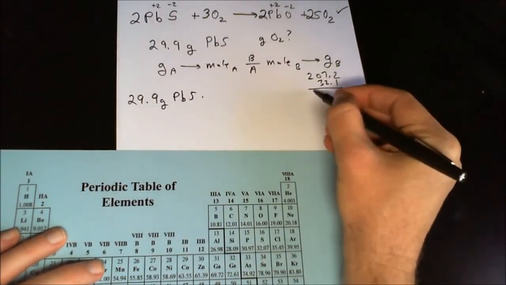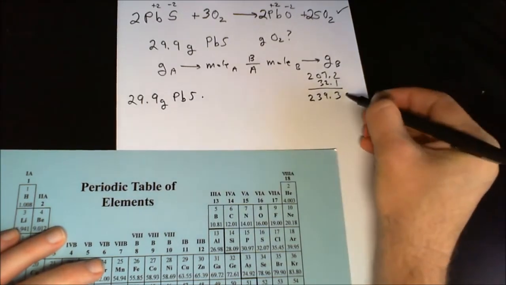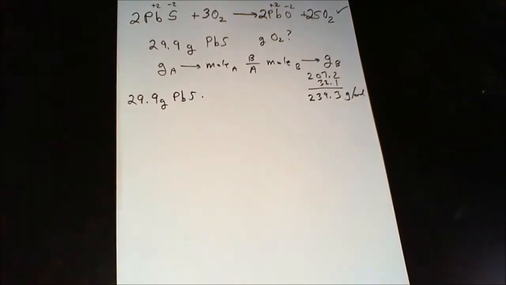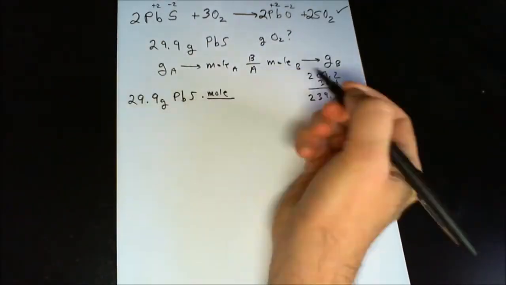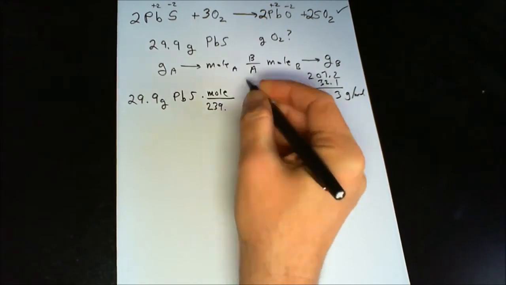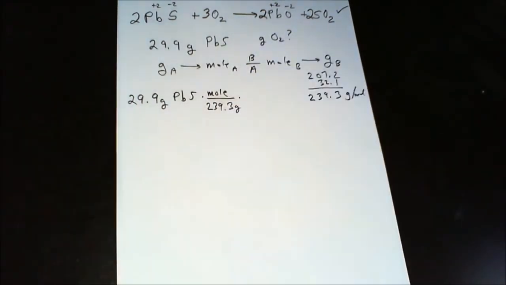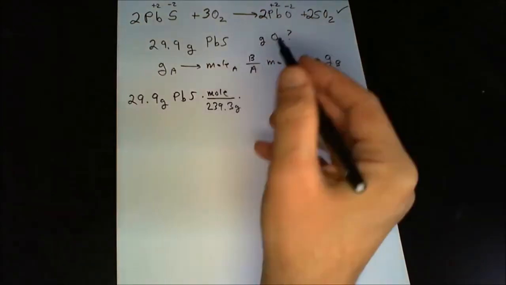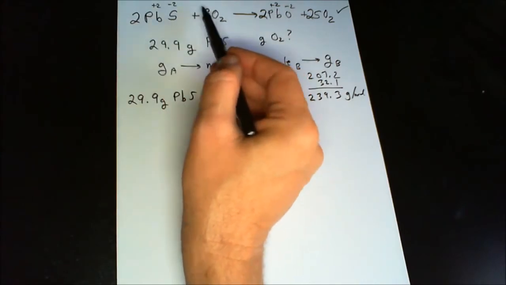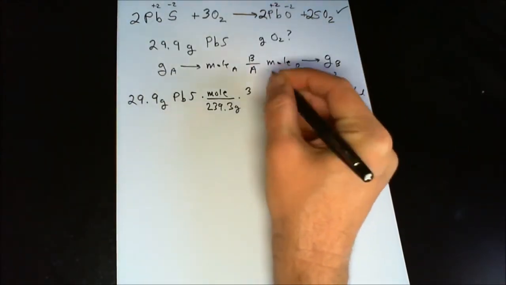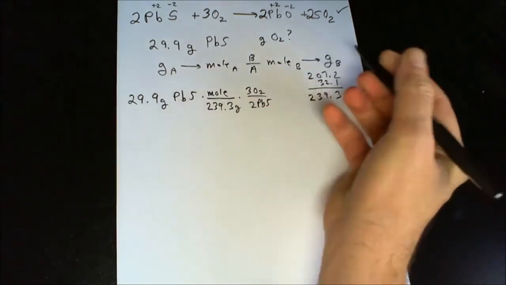So the molecular weight of lead sulfide is 239.3 grams per mole. So that would be a mole is 239.3 grams. And our mole ratio would be the mole ratio of our oxygen to our lead sulfide. So oxygen to lead sulfide is 3 to 2. And so that's 3 oxygens for every 2 lead sulfides.